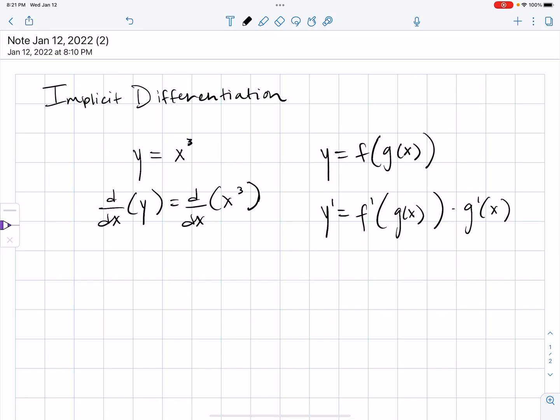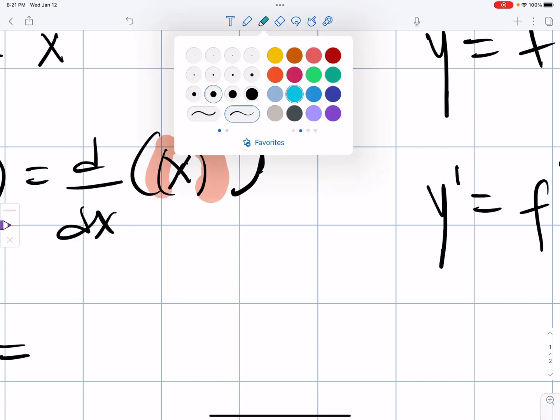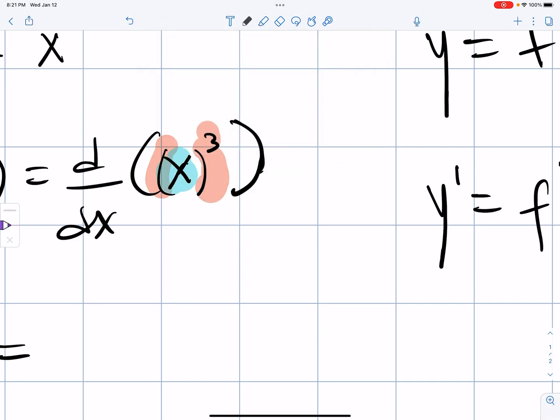On the left-hand side, differentiating y with respect to x can just be written as dy over dx. That's another way to read dy over dx: the derivative of y with respect to x. But then on the right-hand side, we can think of x cubed as a function in a function, where the cube, the exponent of 3, is the outside function, and the x is the inside function.